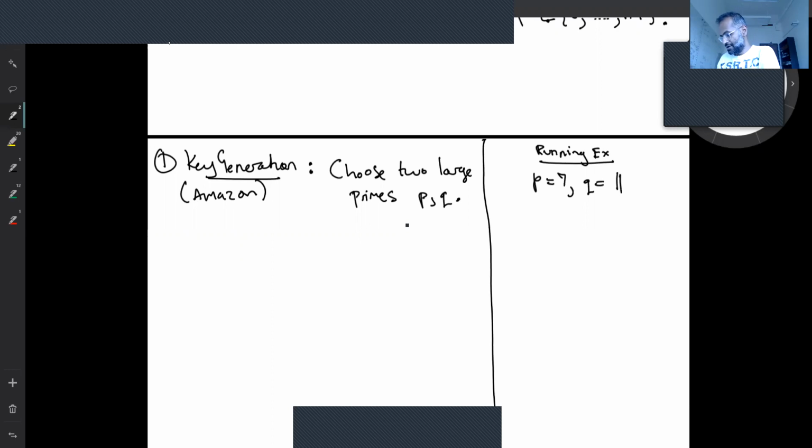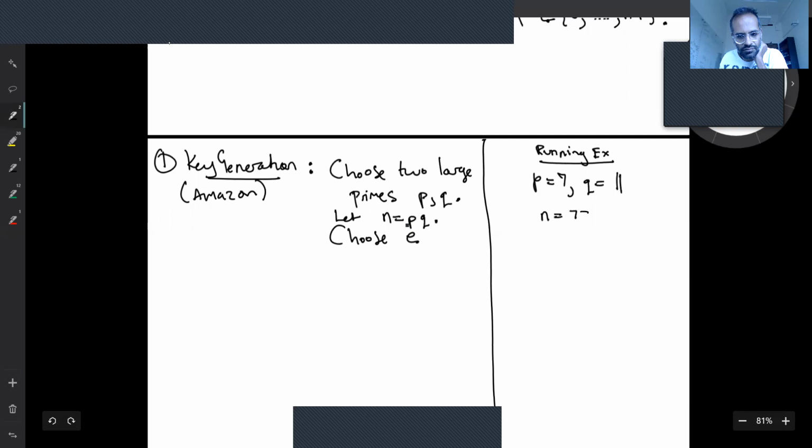Okay. And then the other thing Amazon is going to do is choose an integer e. So I'm going to choose these two large primes, and I'm going to let n be the product. Okay, so now n is 77.